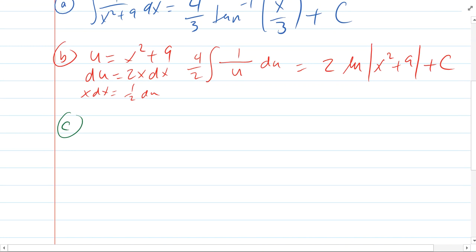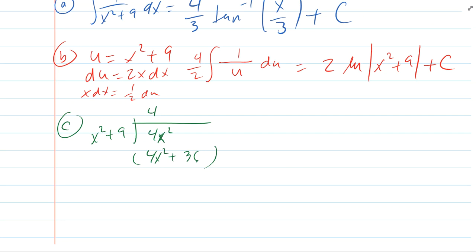We need to break that up so that it's something we can do. So for C, we're going to do long division. We are going to divide the 4x squared by x squared plus 9. How many times is x squared going to go into 4x squared? 4. That means I have 4x squared plus 36, and I'm subtracting all that. This is going to cancel.